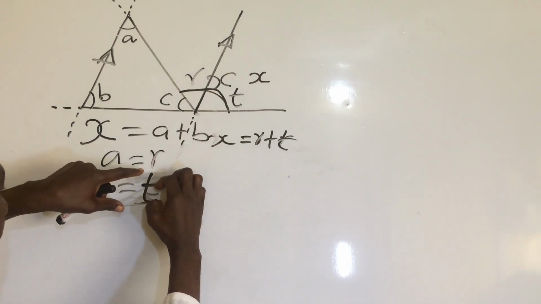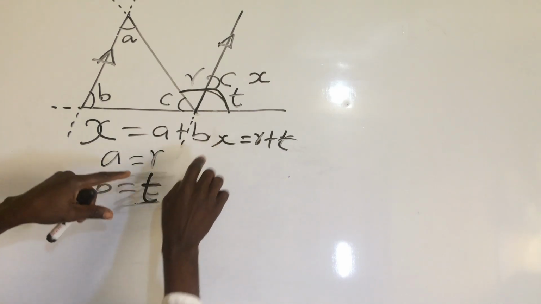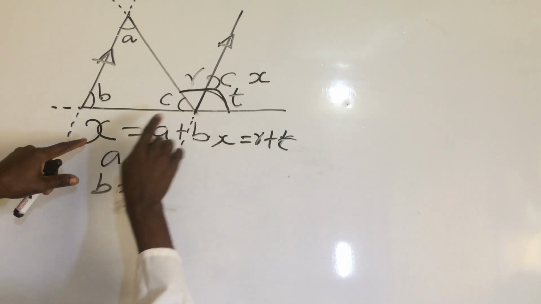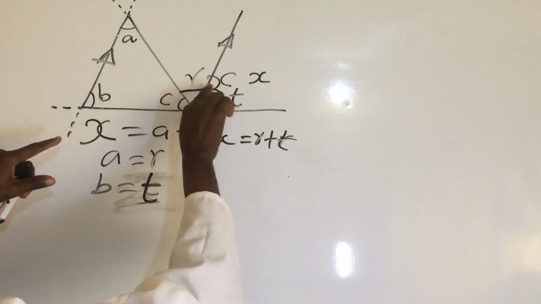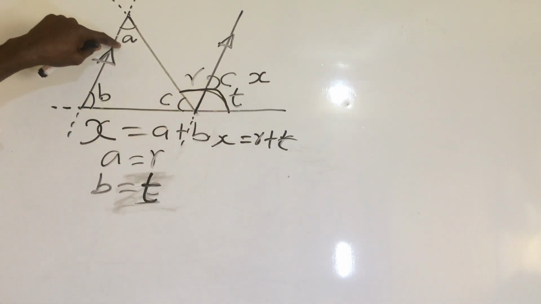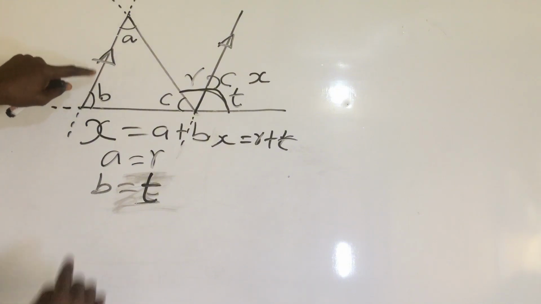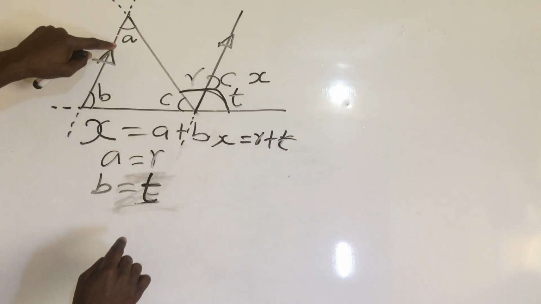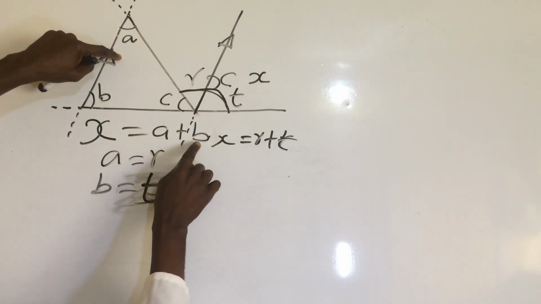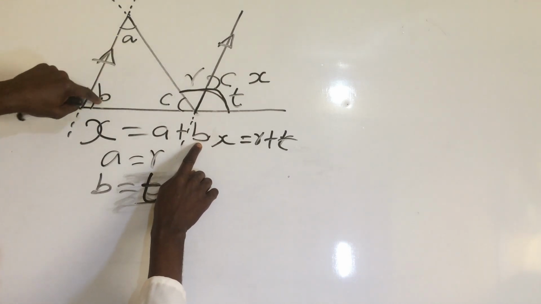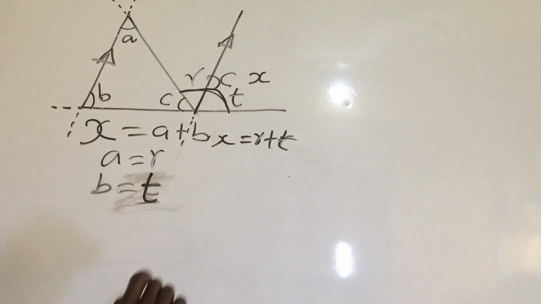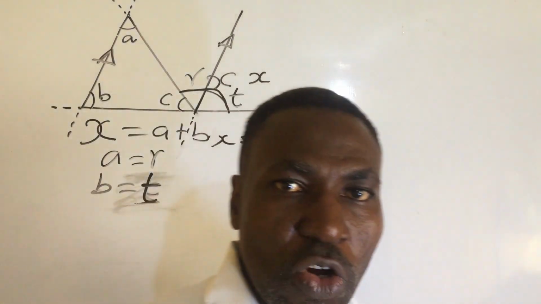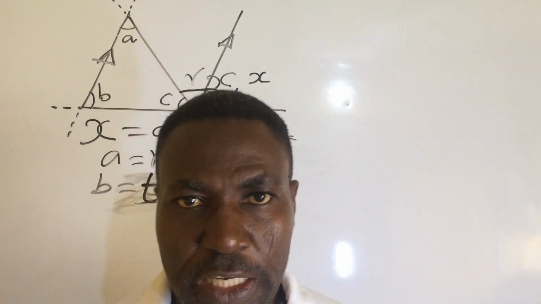Do you see that? So therefore, we now have the right to say that the same angle x here is equal to this plus this. Angle x here is equal to A plus B, since A is equal to R and B is equal to T, according to alternate angles and corresponding angles which I have treated.